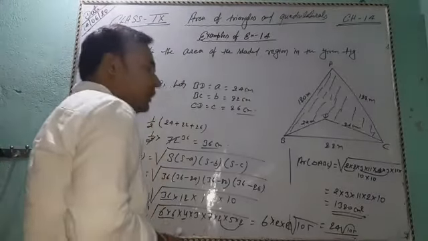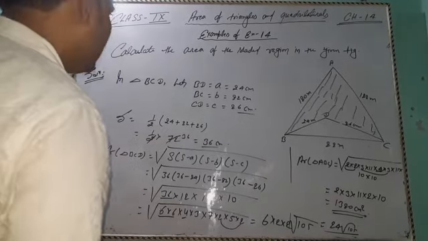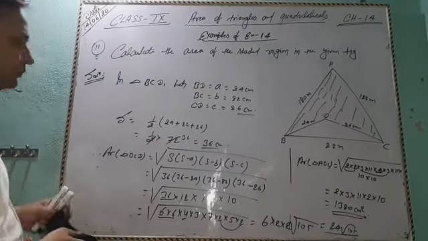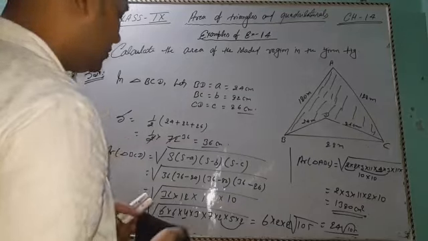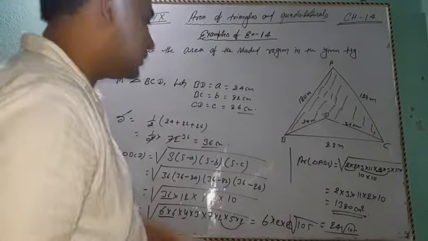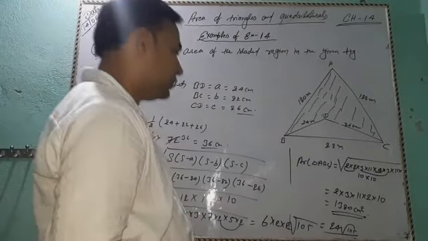Okay, and this is the area of triangle BCD.